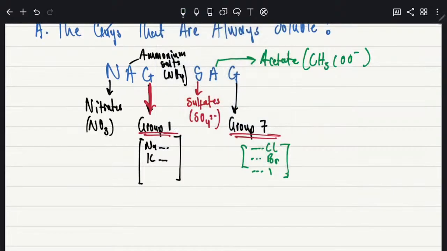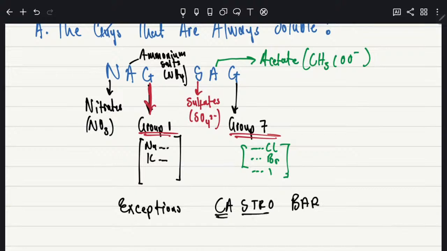Now, I'm going to give you exceptions before we do B. Exceptions, I want you to write car, straw, bar, which means calcium, strontium, barium.